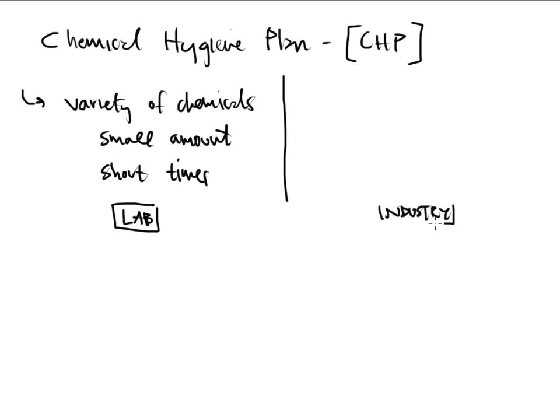And industry is basically a lab on crack. Okay? This is a full-blown laboratory, but the problem here is that we do not have a variety of chemicals. Maybe sometimes we just have a couple of chemicals that we use.